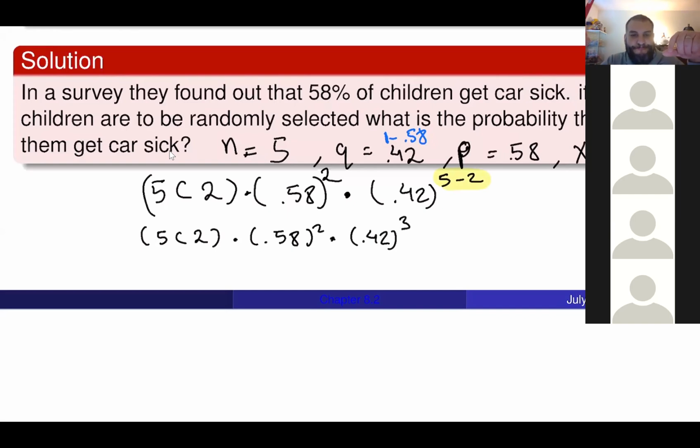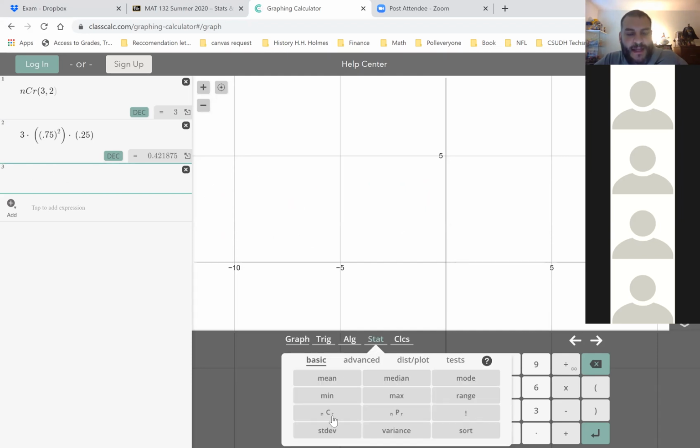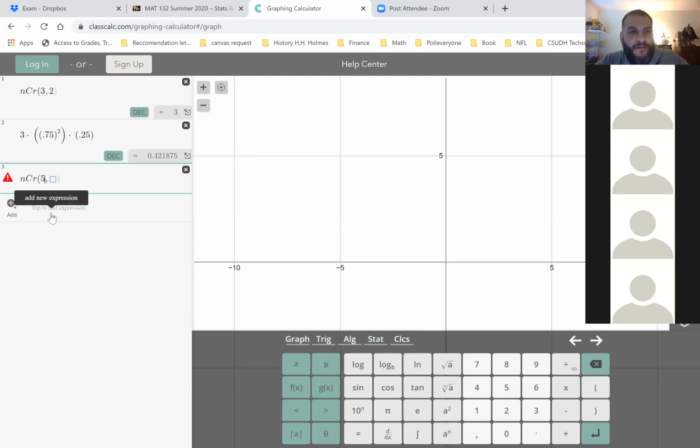All right. So up next, we're going to go ahead and do this in ClassCalc. So I'm going to find this, 5C2. So let's do that in ClassCalc. We'll say stats, we'll go nCr, and we'll go 5C2.